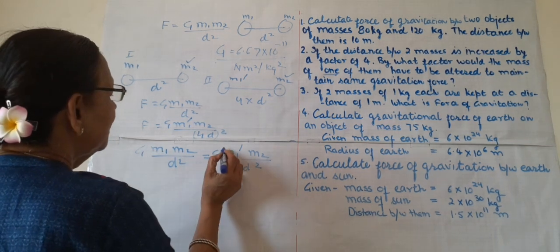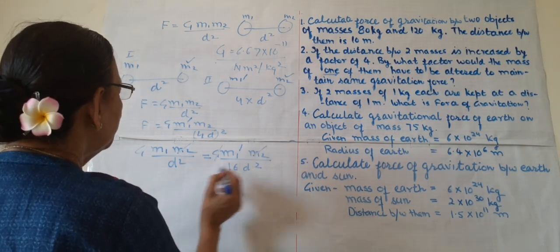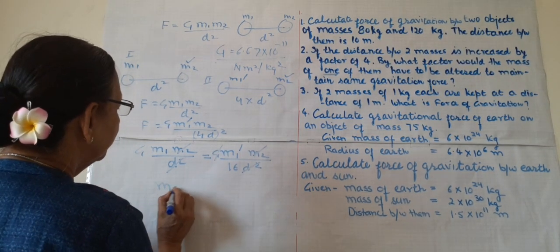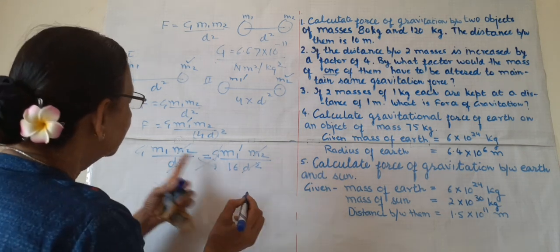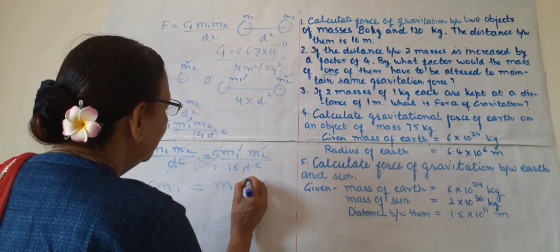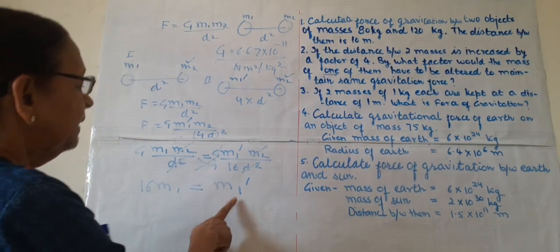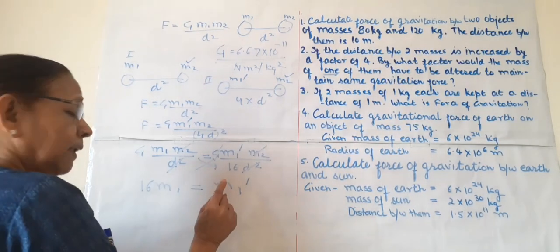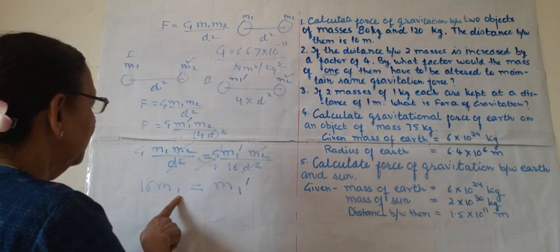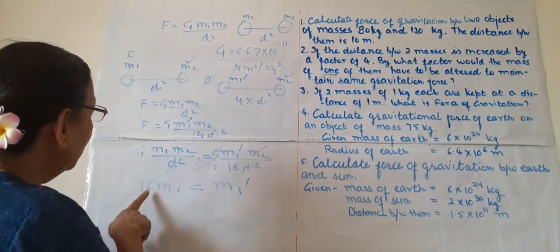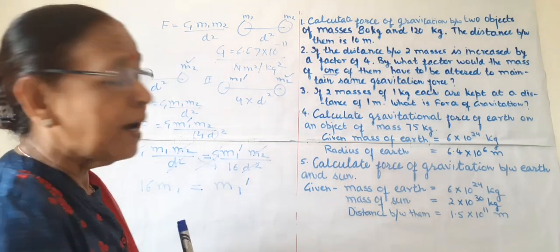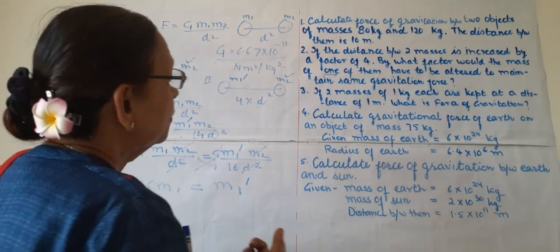So G cancels with G, m2 is cancelled by m2, d square is cancelled by d square. What is left? m1, and by cross multiplication, 16 m1 will be equal to m1 dash. What does it mean? In this case, m1 dash should be increased to 16 m1. Previously it was m1. If it is increased 16 times, then it will become the new mass of this object. So what will be the answer?